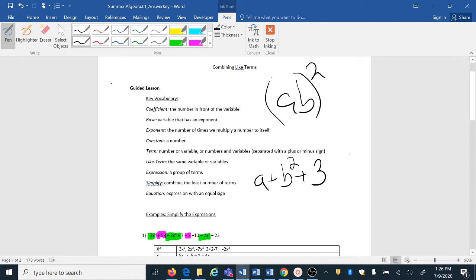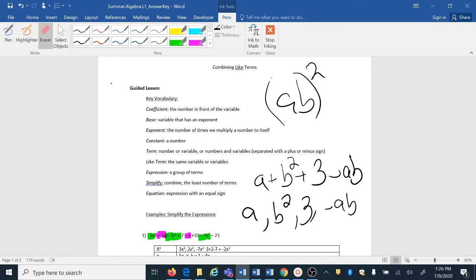Now, if we have a negative AB, I want you to think of it like this: we have A as a term, B squared is a term, 3 is a term, and think that it's negative AB, that there's a plus here, and negative AB is the term. It just makes it easier when we combine like terms.